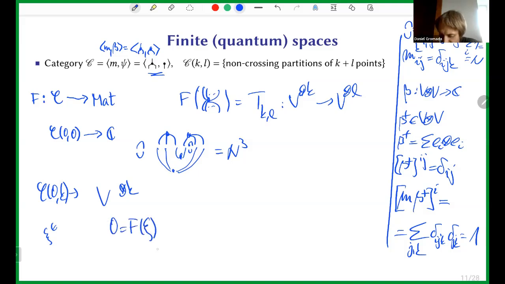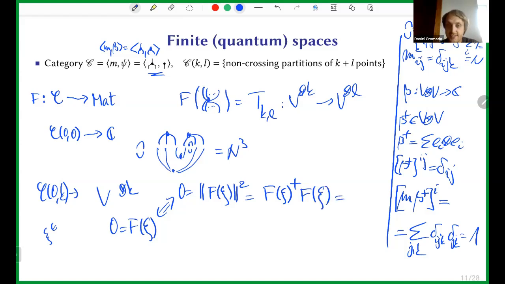Well, how can you tell that f of psi equals 0? Well, you can compute that this holds if and only if the norm squared of f of psi equals 0. Which is just f of psi dagger f of psi. But since you have this functor, you can write it as f of psi dagger psi.